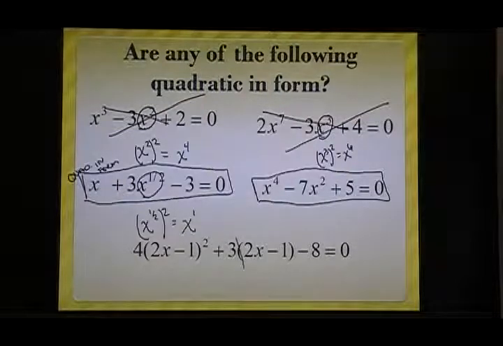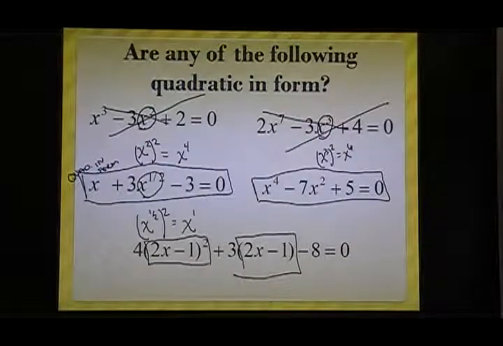If we take this term and square it, we get this term here. So when we square the variable part of the middle term, we end up with the variable part of the first term.